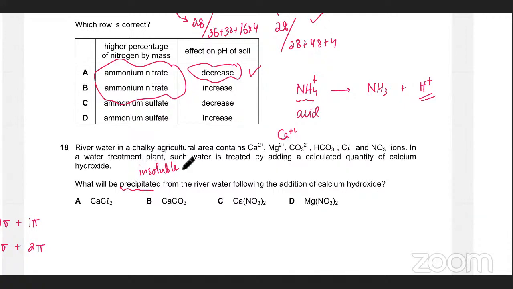If you know the solubility table, nitrates are always soluble. Chlorides are also always soluble, except for silver, lead and mercury. So this is also soluble. The only one that's not soluble is calcium carbonate, so that's the one that would form a precipitate. Is this clear? Yes. Okay.